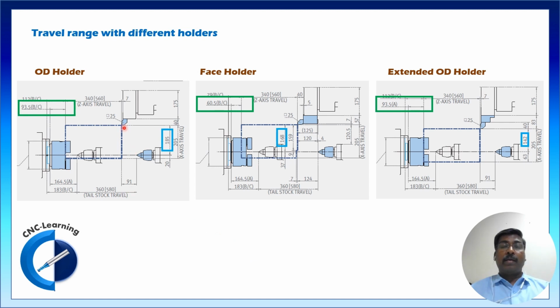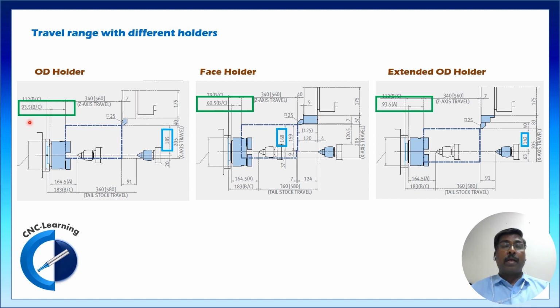Now let us see the travel range with different turning holders. So this is with OD holder, standard OD holder, you can see here, and then you can see the place holder here, and you can see the extended OD holder. So these distances are different.